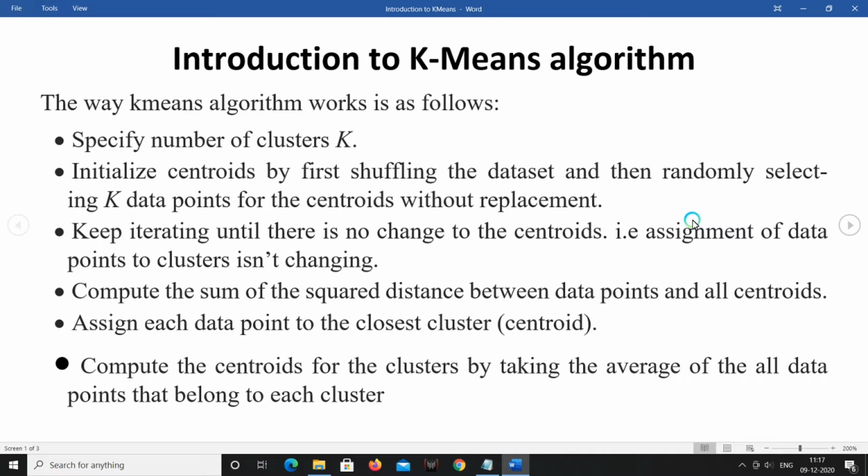So it will assign that particular data point to centroid C1, because the distance between C1 and the data point is less, right, as compared to the other centroids.